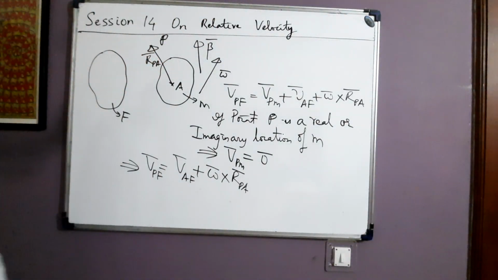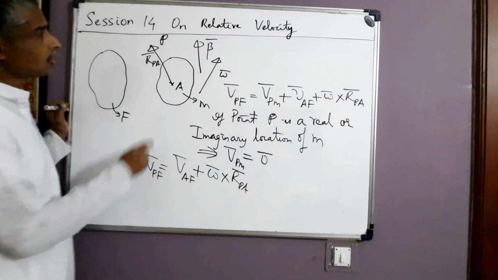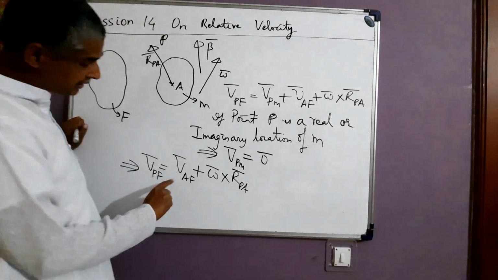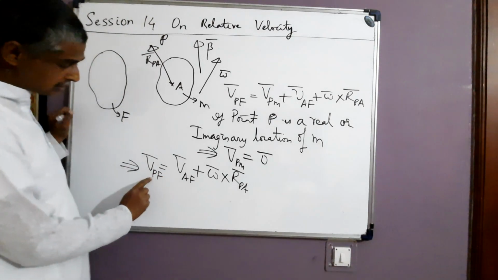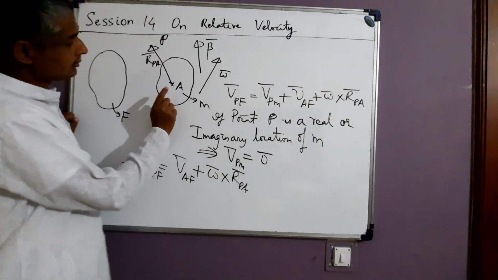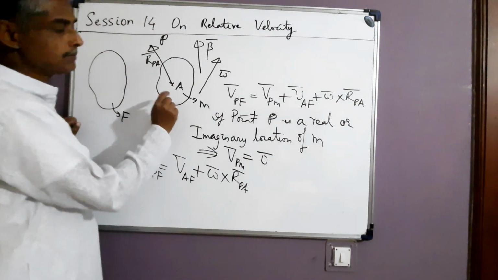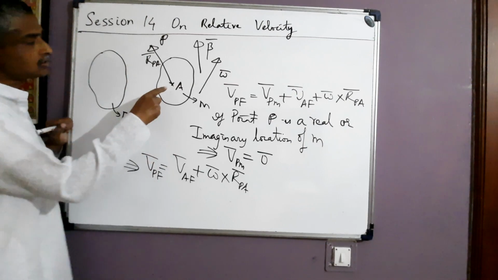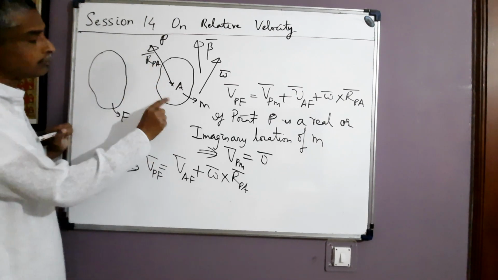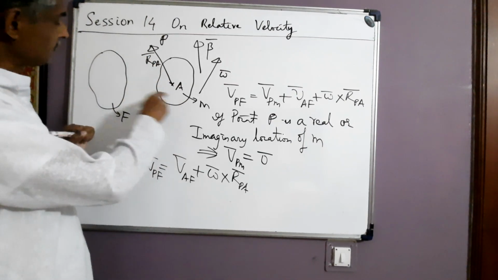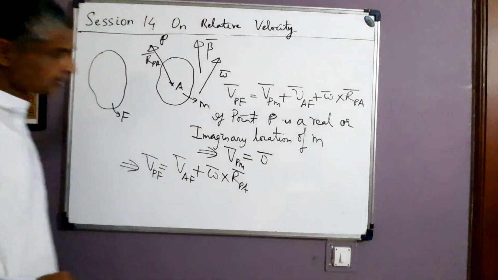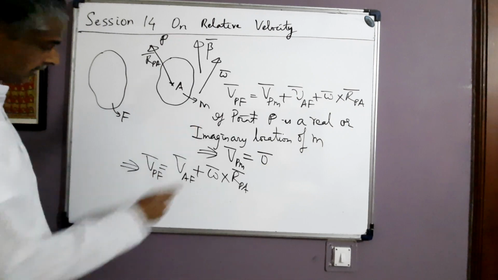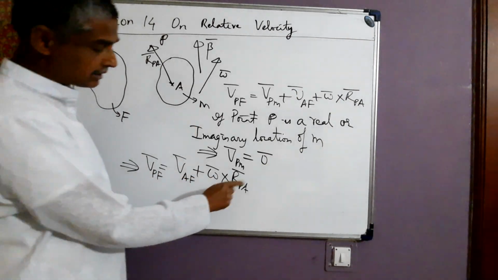Okay, fine. This gives the relationship between the velocities of two locations P and A, which are fixed in the rigid body M or its frame. So this gives the relation between the velocities of two locations of a rotating rigid body M with respect to frame F. If P and A both are fixed with respect to M, then VPF is equal to VAF plus omega cross RPA.